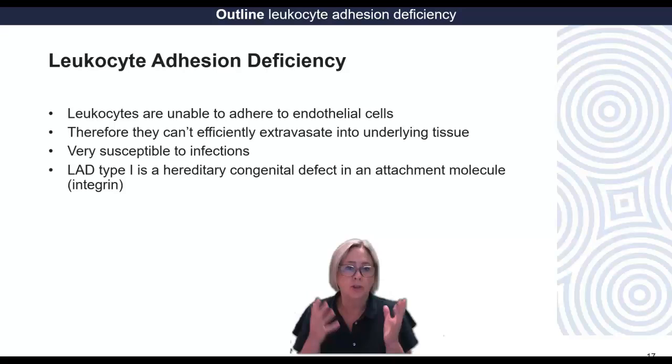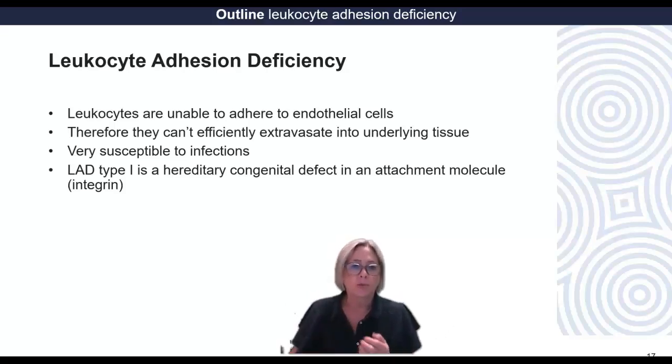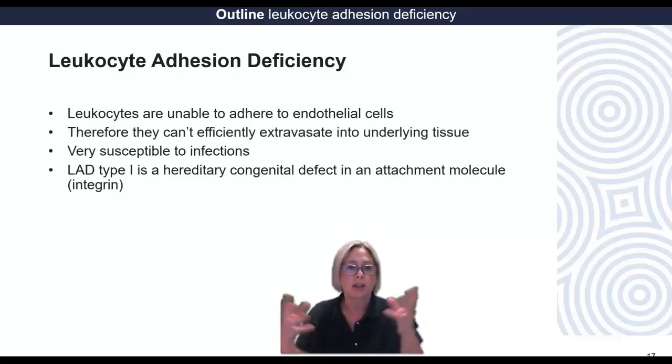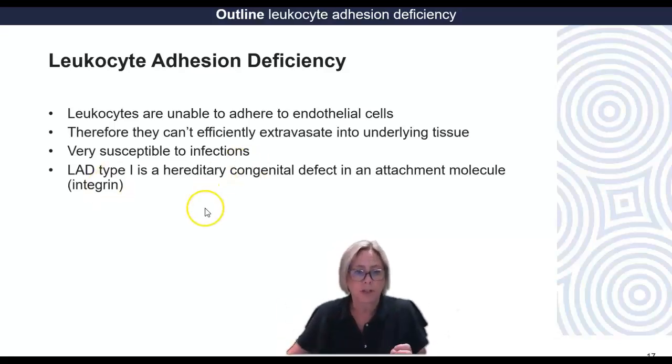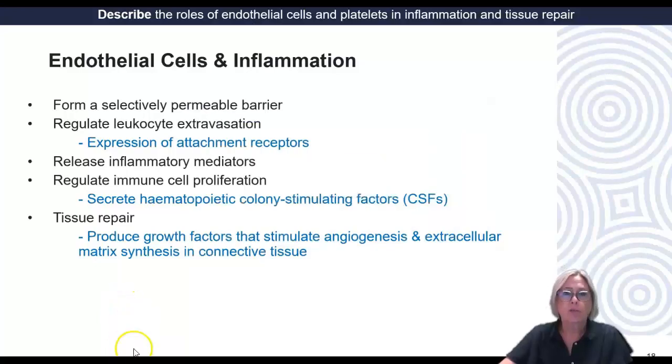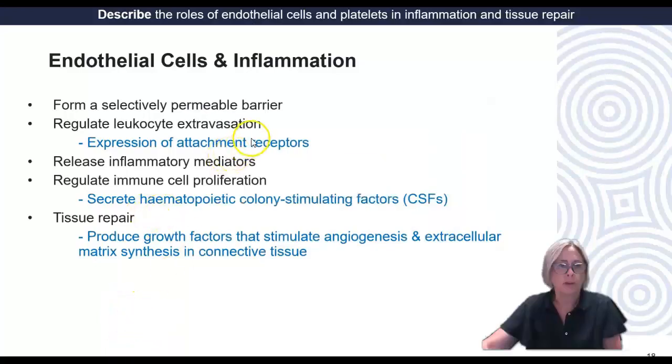In people that do have this inherited disorder, they don't have this integrin, which allows the leukocytes to adhere to the endothelial cells, and therefore those leukocytes can't get out into damaged underlying tissue, so they're very susceptible to infections. And finally here, just looking at the role of endothelial cells in inflammation too.